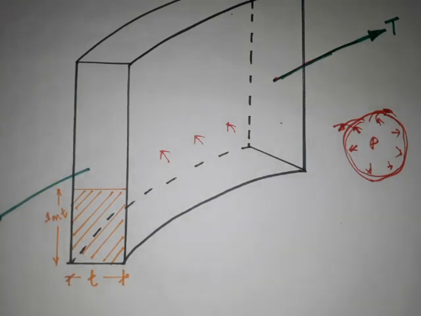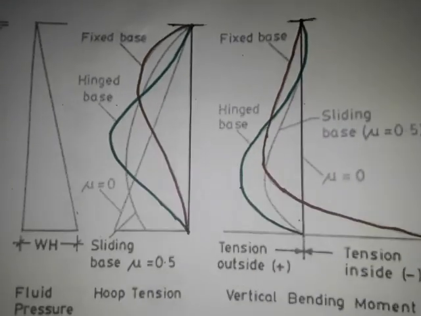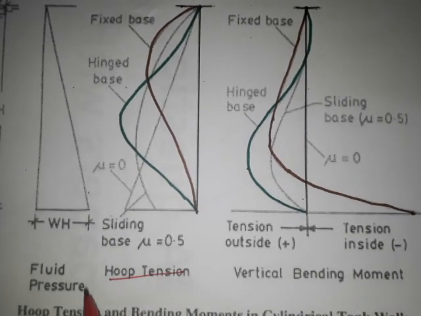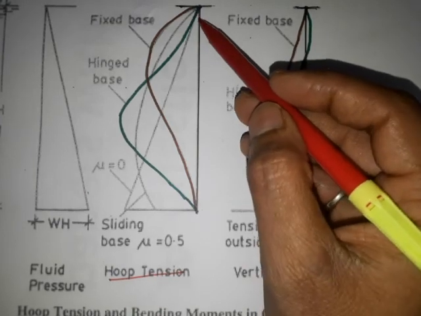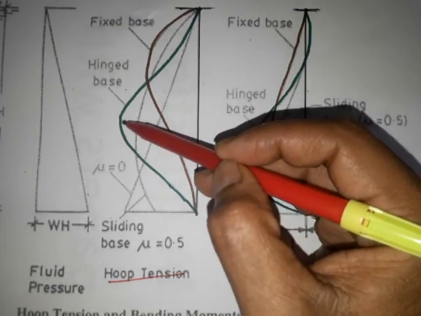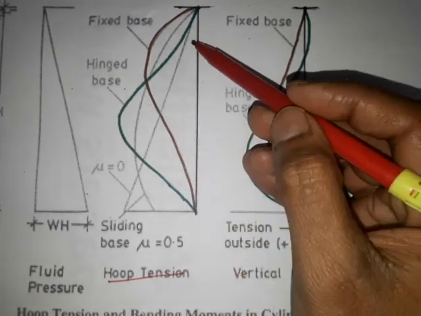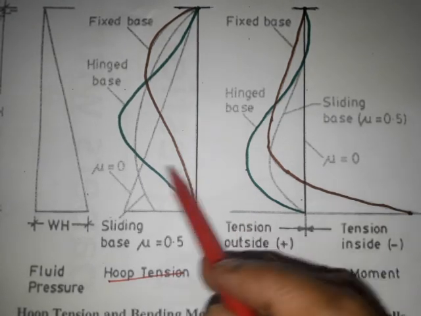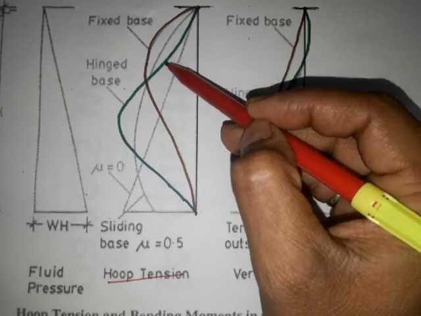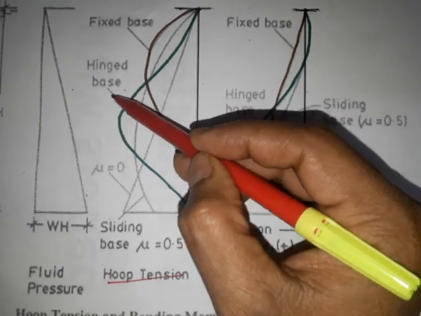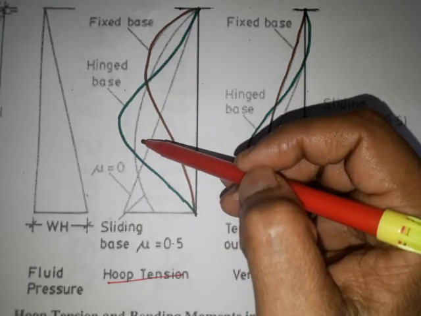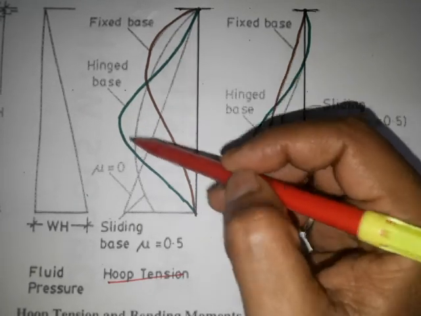One more, as I showed you before, here you can see hoop tension. This is very important. They have given the profile of the bending of the wall if it is a flexible base and if it is a fixed or rigid base. Where we get the maximum hoop tension: it will be at the middle of the wall in case of a flexible base.